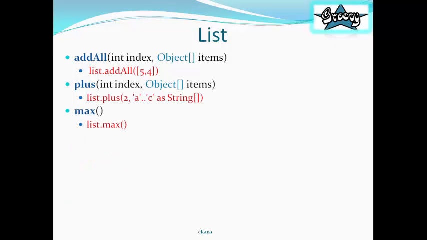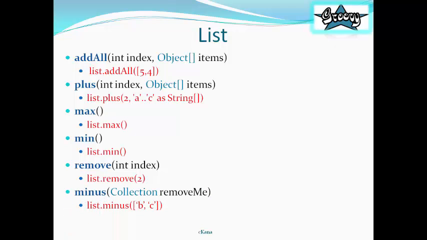Then we have a max method. We can find the maximum and minimum in a collection. And then we have the remove method. We can remove an element by referring to its index. Then we have a minus method. This creates a list composed of the elements of the first list minus every occurrence of the elements of the given collection.